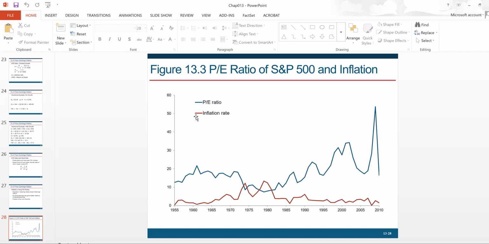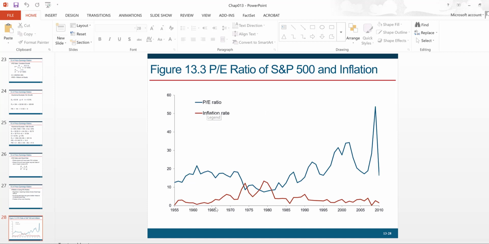Okay, now historically you can see the relationship between P ratio and inflation rate. As this graph is showing here, it's an inverse relationship, and the same can be said about the P ratio and the interest rate, because inflation and interest rate tend to go hand in hand, right?